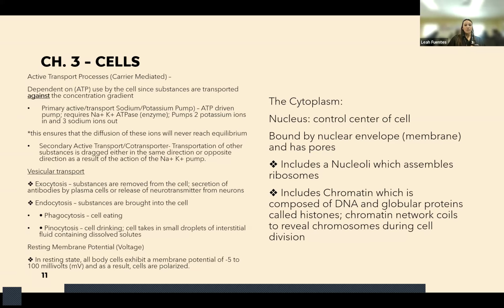The cell will take in small droplets of interstitial fluid containing dissolved solutes. So the way this can be asked: phagocytosis is an example of what type of vesicular transport? Endocytosis. It's a lot of cytoses.